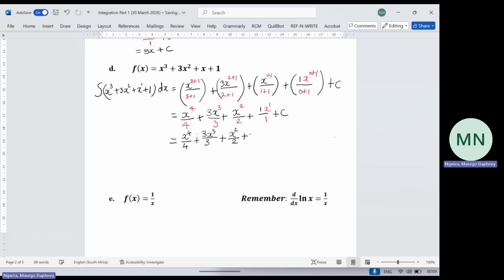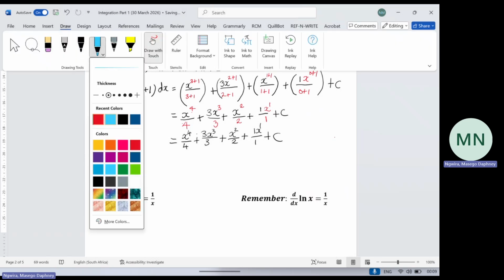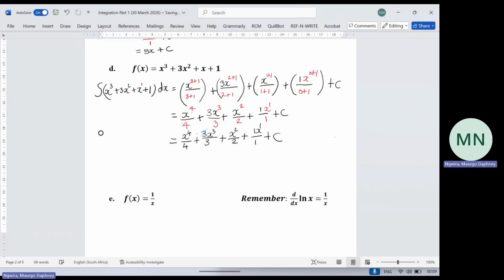And then the 1 over 1, so it's 1 x to the power of 1 over 1, then plus c. Okay, and then now the 3 and the 3, when you divide 3 by 3 is 1, so they are going to cancel. So these two are going to cancel. And then also this one is like we're dividing a number by itself.